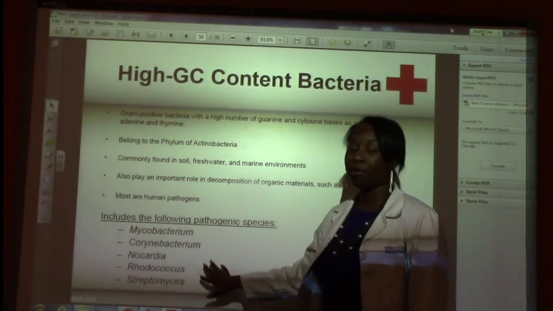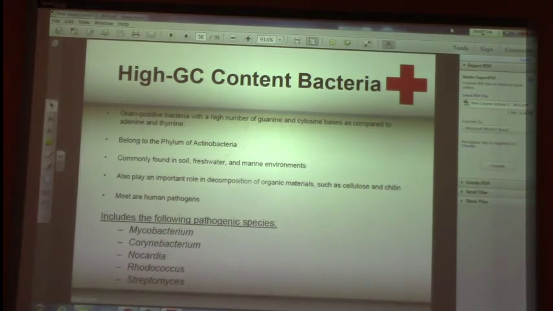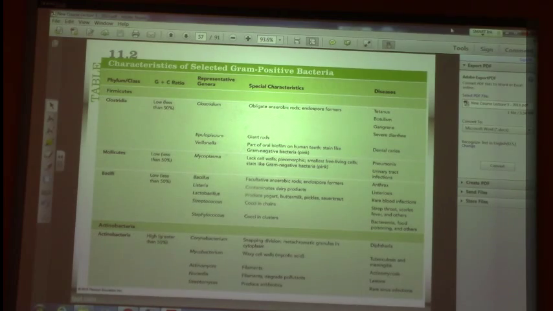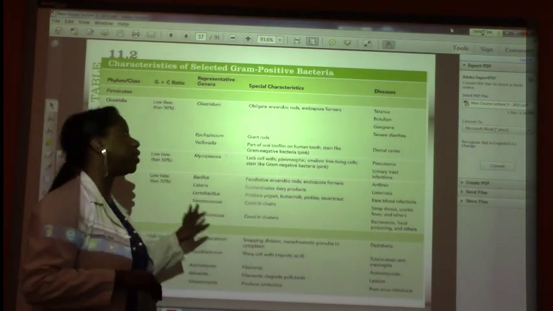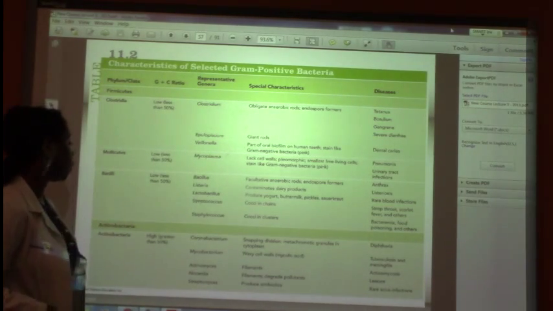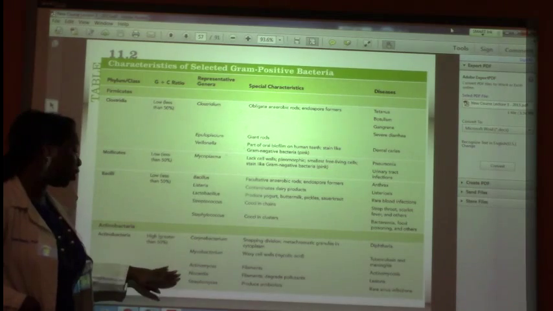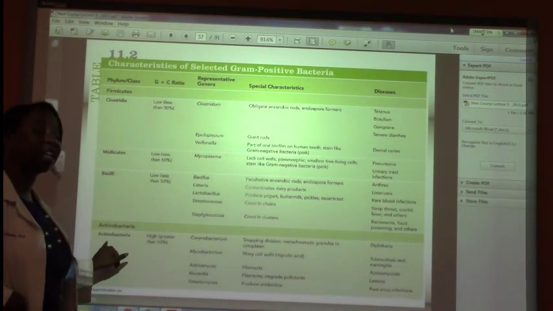So I will be covering these bacteria, but I'll also be covering others as well. Again, take note of this table in your textbook, table 11.2. With the high GC content bacteria, now we're looking mostly at those that belong to phylum Actinobacteria.